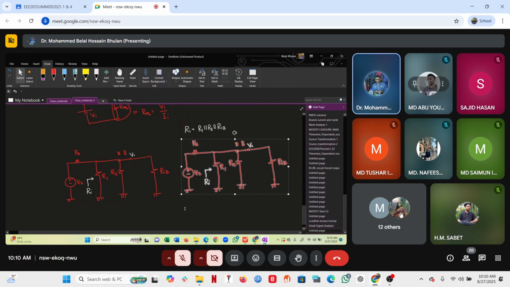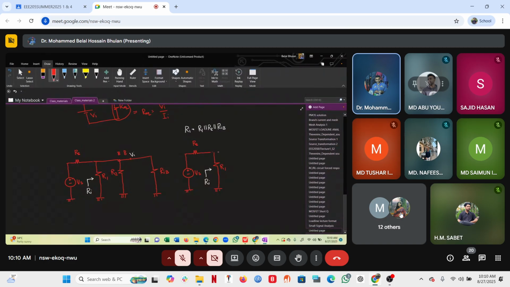The entire circuit to the source has been reduced to this form, a signal source RS and RI. So that is our VI.